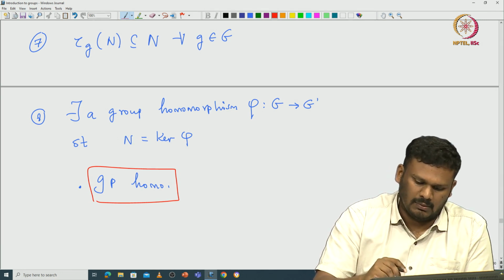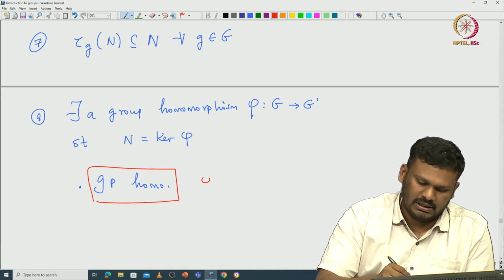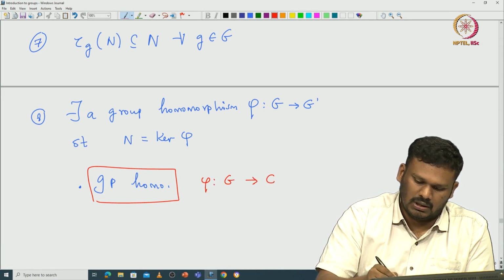So what is a group homomorphism? It is a map, let's say phi from G to G dash.